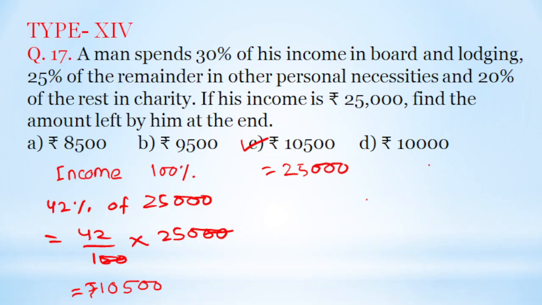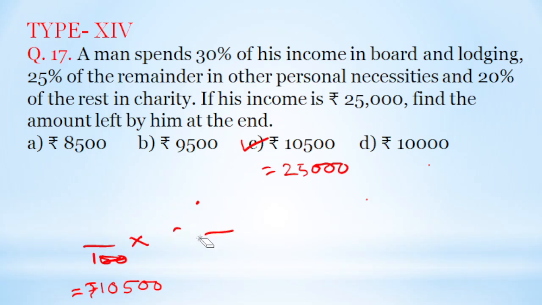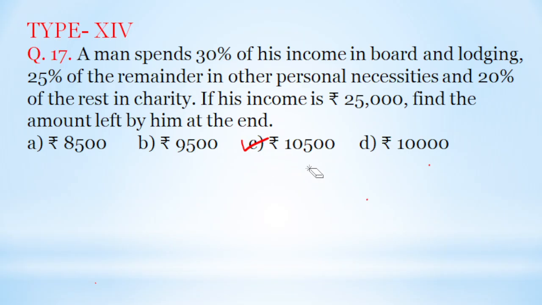Now one formula is there. What is that formula? Here income is 25,000.